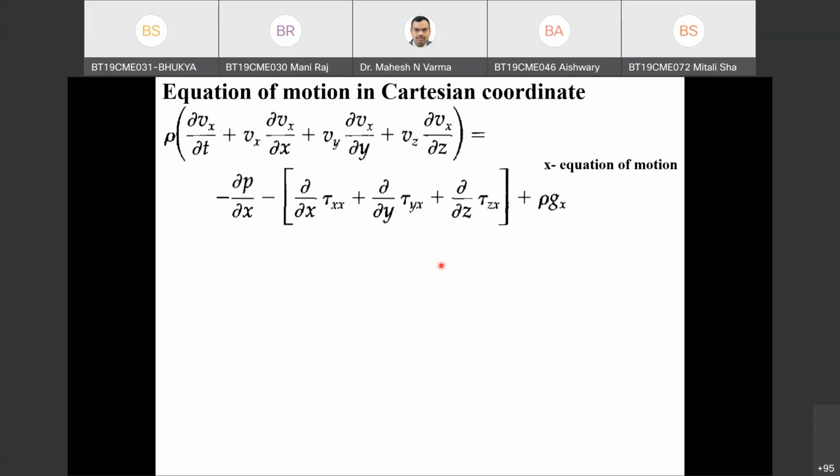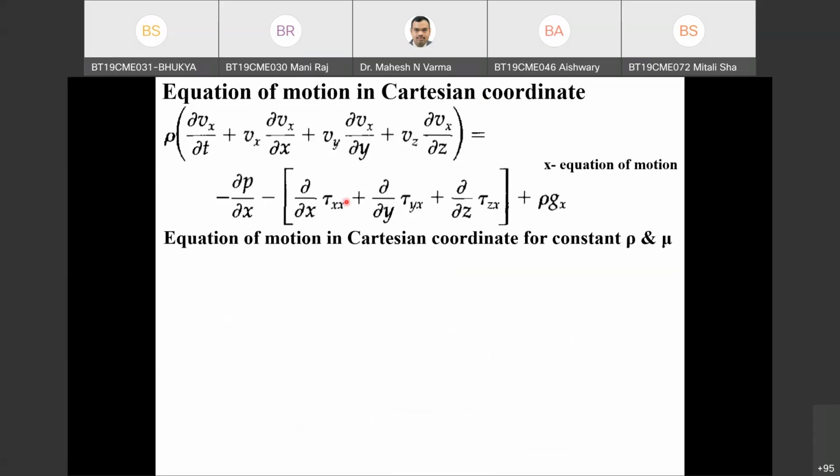So this is the x equation of motion. For constant density and viscosity, tau can be related to the viscosity. For constant viscosity, meaning a Newtonian fluid, tau is related to the viscosity and velocity.